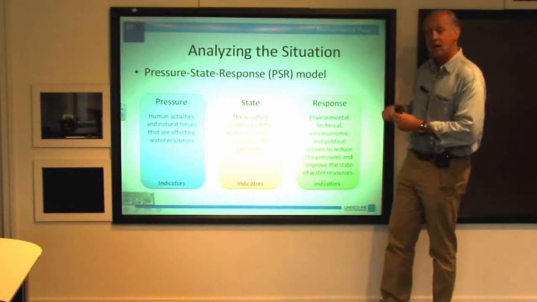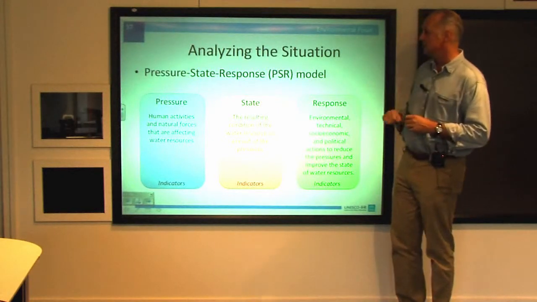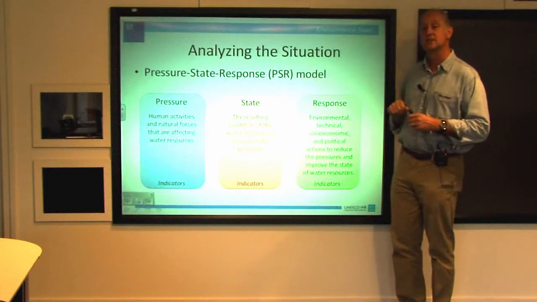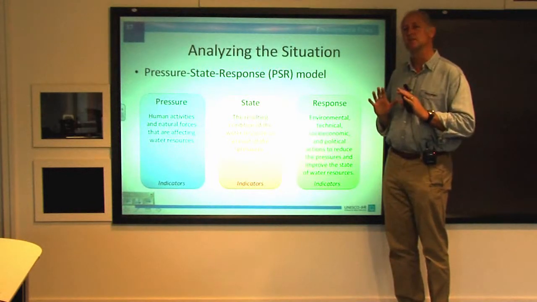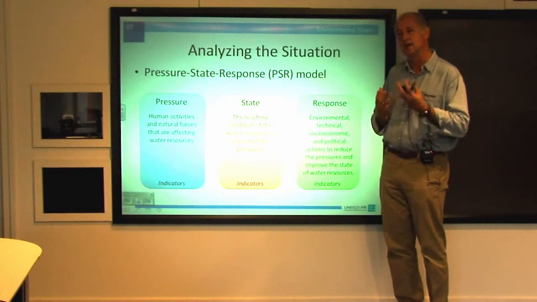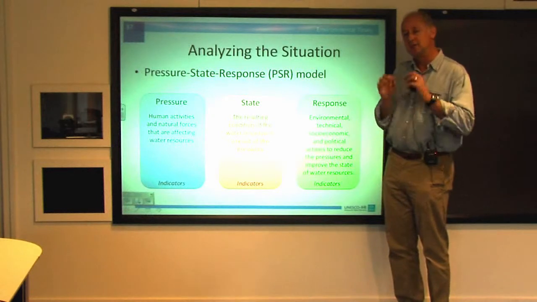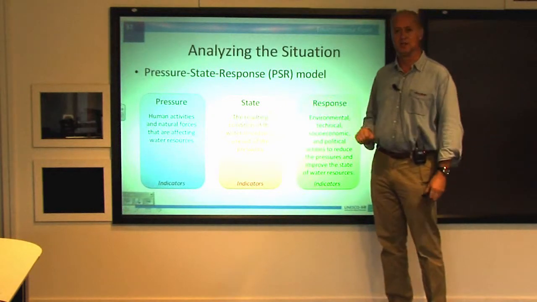And IUCN, in its documentation, as you'll see, recommends the use of the pressure-state-response model. I'm also recommending it. It's a very simple framework. It's really a framework to organize our information and to illustrate causal linkages between them.